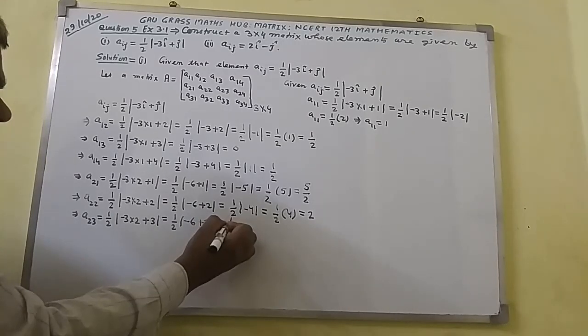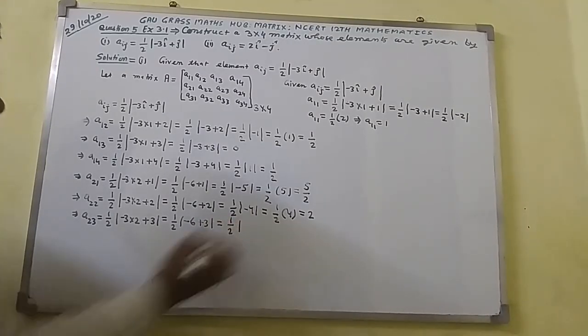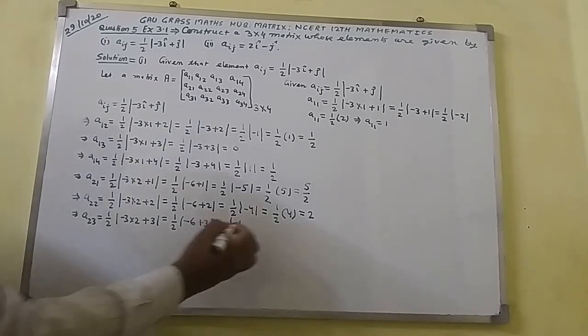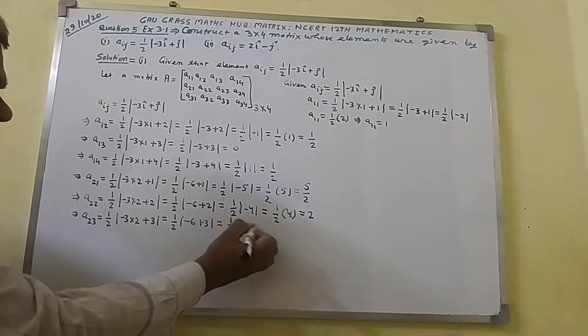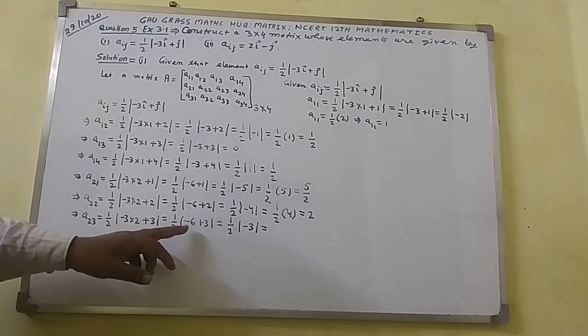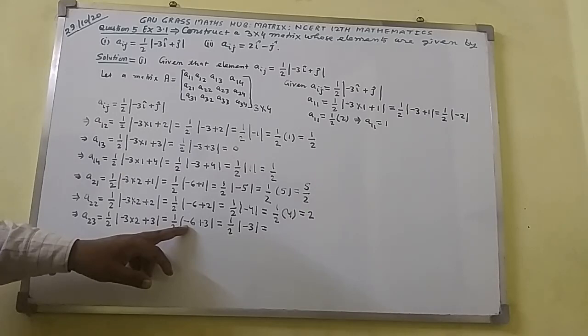You will get 1 over 2, minus 6 added to plus 3, you will get minus 3.